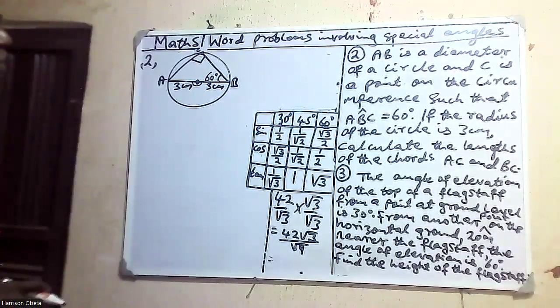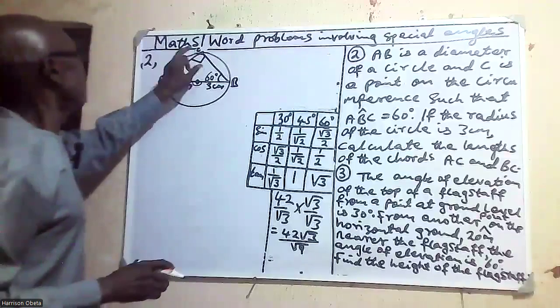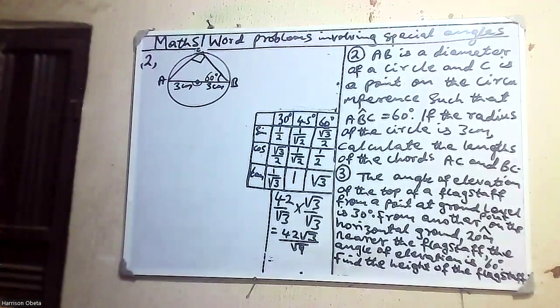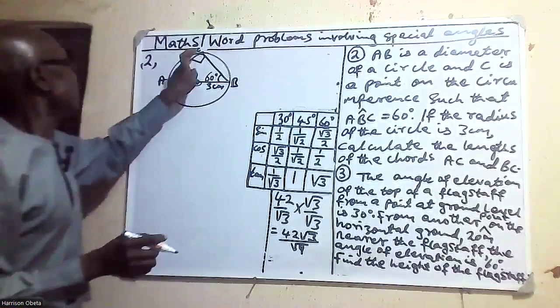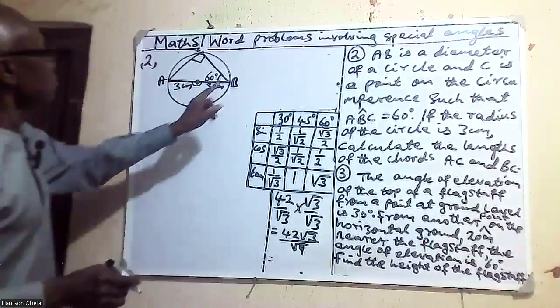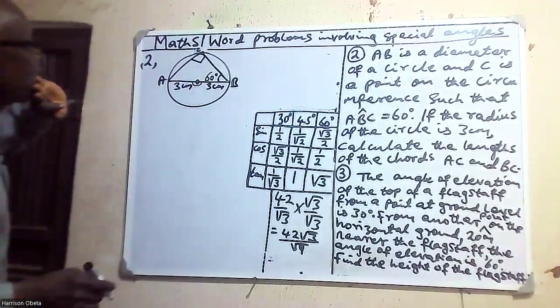And then the next thing, we have to calculate the length of the chords, AC and BC. Now, if you check, you discover that AC is opposite to angle 60. And then BC is the adjacent.